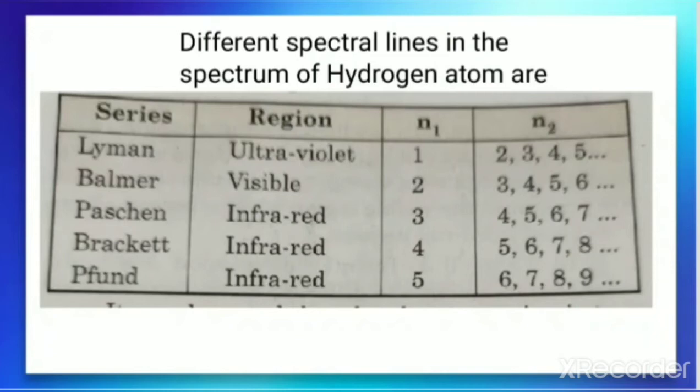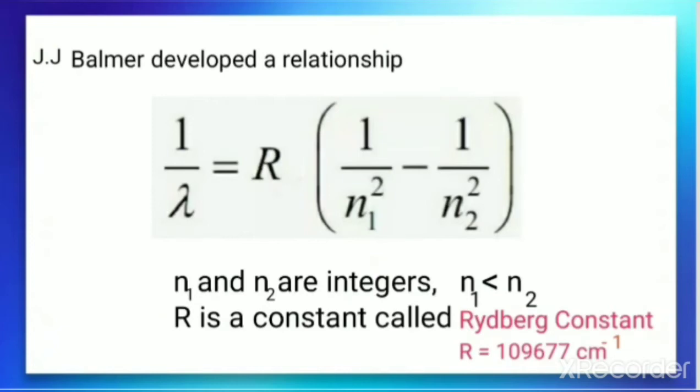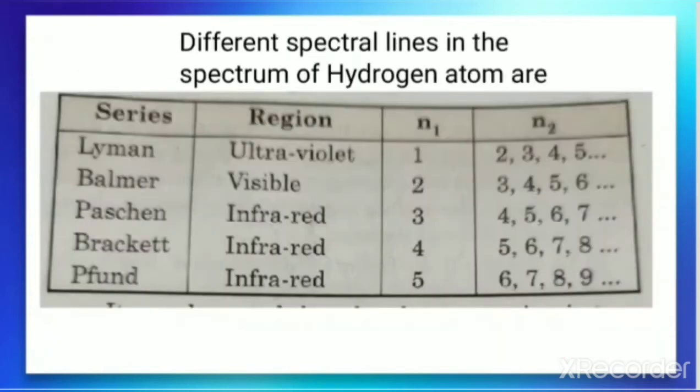When we compare the equation given by Rydberg, each series is represented by this formula, where n1 and n2 are integers. For the Lyman series, n1 is 1 and n2 is 2, 3, 4, 5.